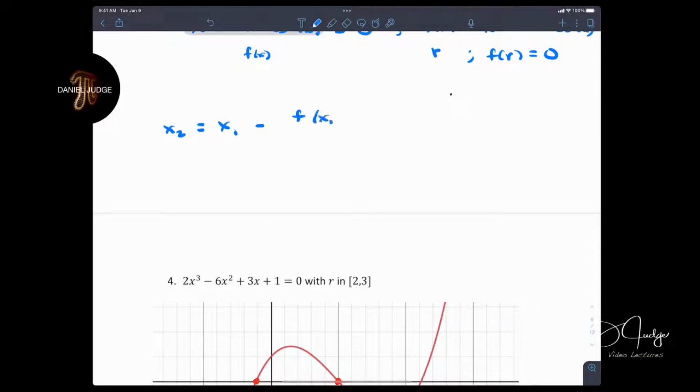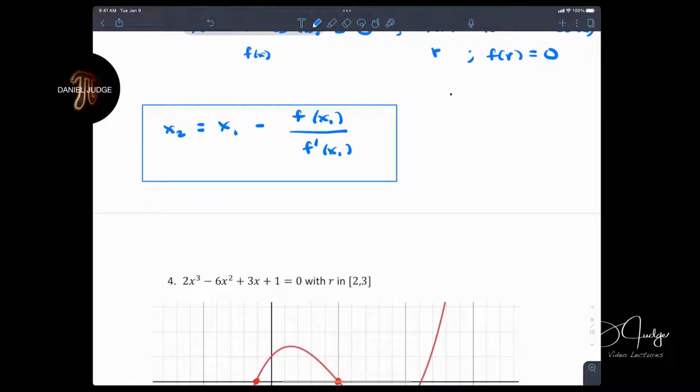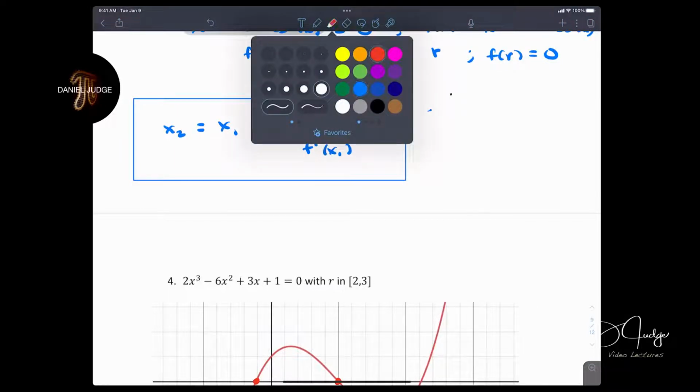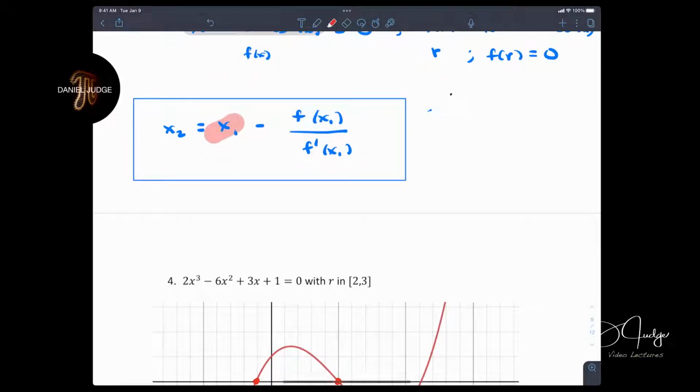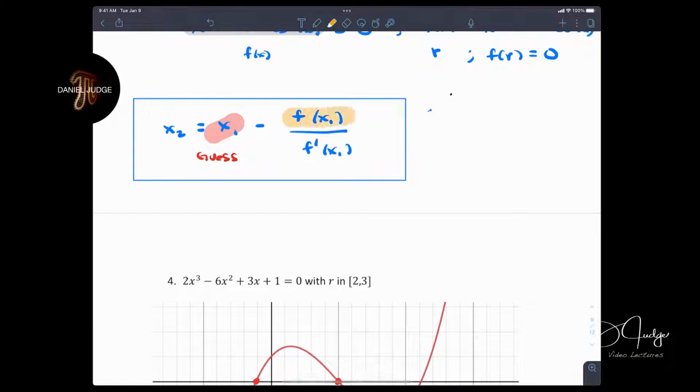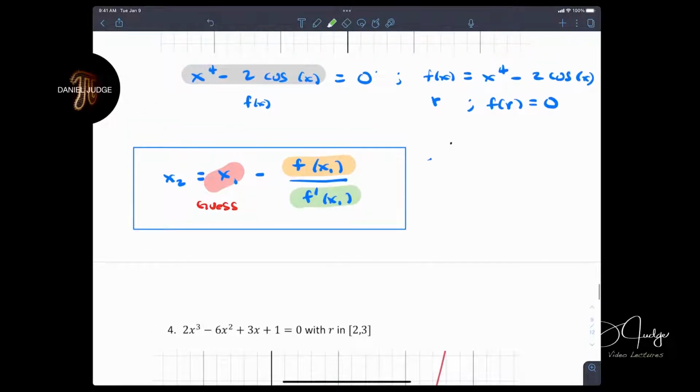And we need f of x1 over f prime of x1. So this is how we're going to start our Newton's method here. We went over the derivation in class. This is the starting point. That's my first guess. And then we need f of that guess, and we need f prime of that guess. So this is going to be Newton's method for this function here.